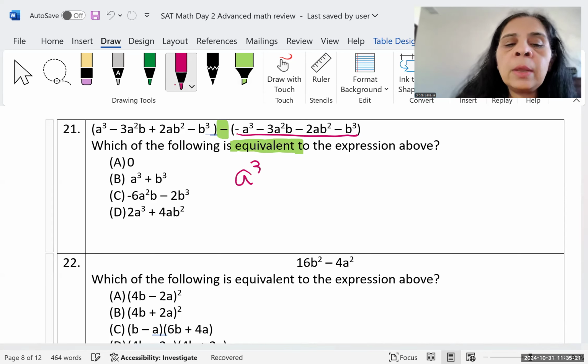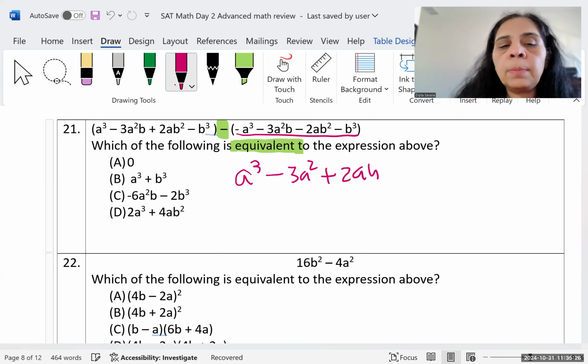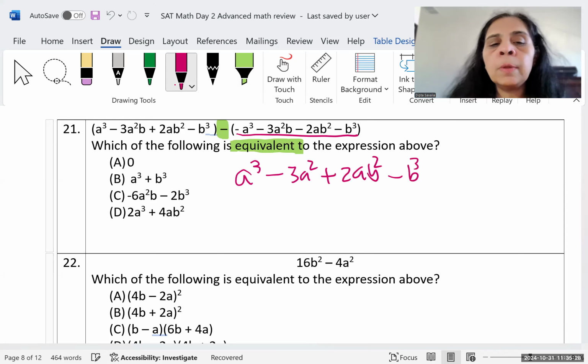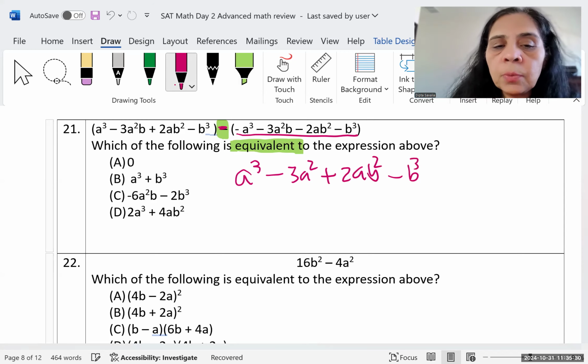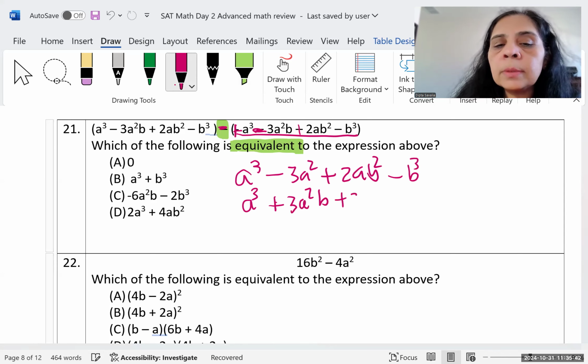So we have a cubed minus 3a squared b plus 2ab squared minus b cubed. Now we are subtracting, so we have to change all the signs. So this one will be positive. This one here is negative, so it will become plus 3a squared b. This one will also become plus, and this one will be plus.